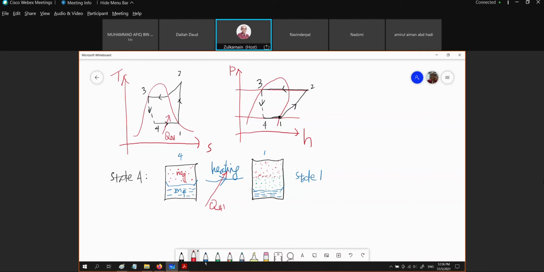The mg at state 4 just follows without playing any role. So it is a very wasteful type of process because it does not play any role.